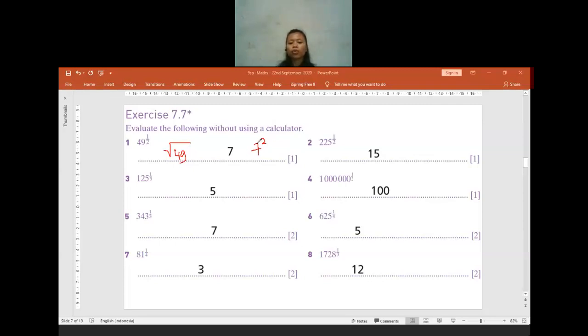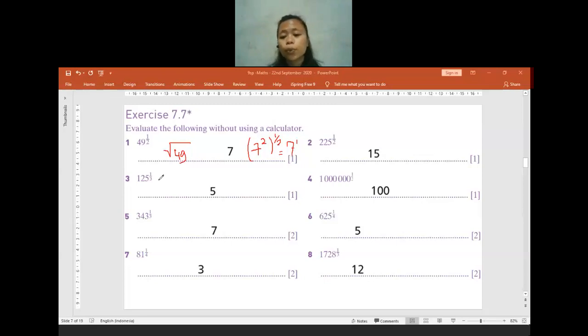Or you can change 49 into a number with a power, 7 to the power of 2. After that, to the power of a half, you can simplify the power: 2 times a half is 1, so it equals 7 to the power of 1, which is 7. So there are two methods that you can use. You can pick either one that you think is easier for you.